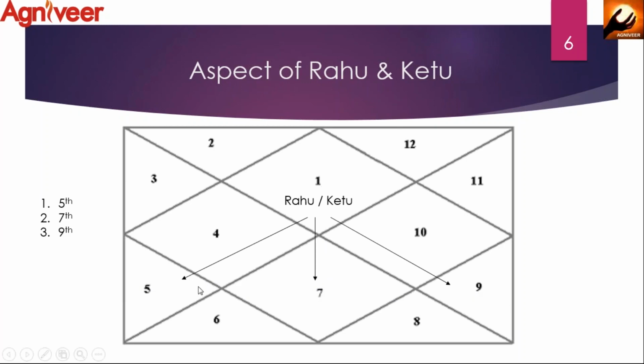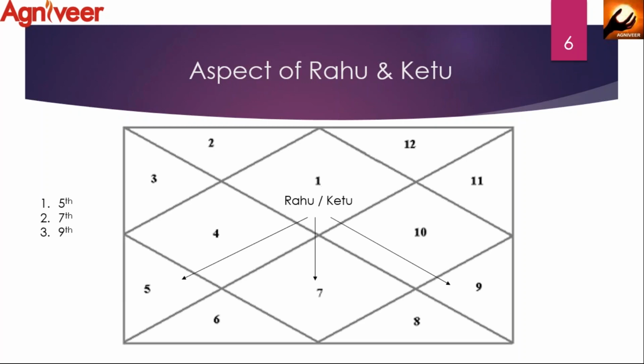I consider that their aspects are quite mild and don't have as much influence as the original planets like Mars, Saturn, and Jupiter. They do have an effect, but not as significant as Jupiter, Saturn or Mars. We'll take up their analysis as well when we go through some case studies.